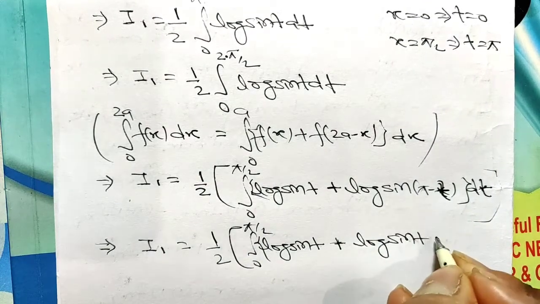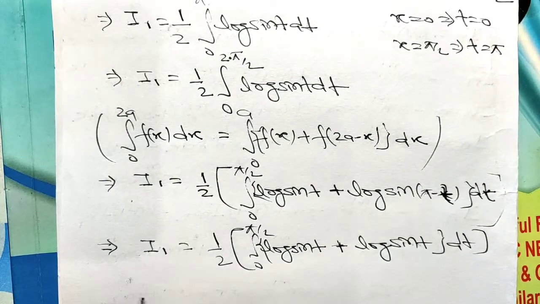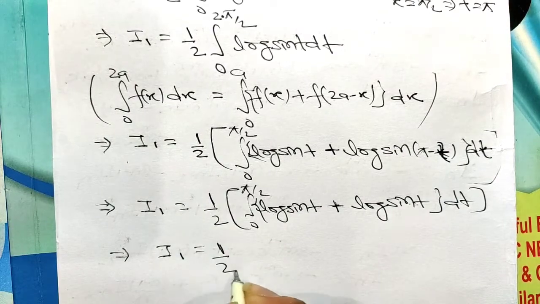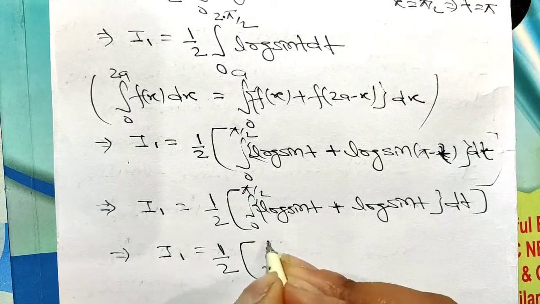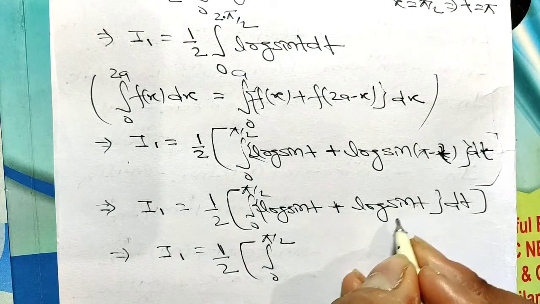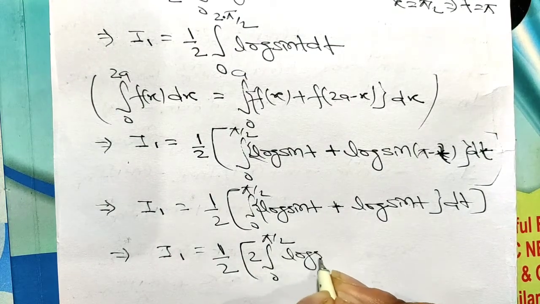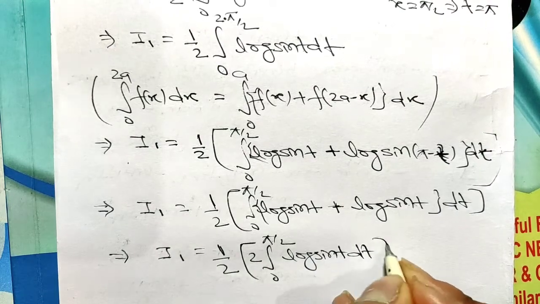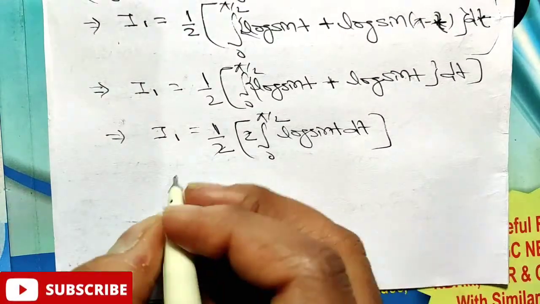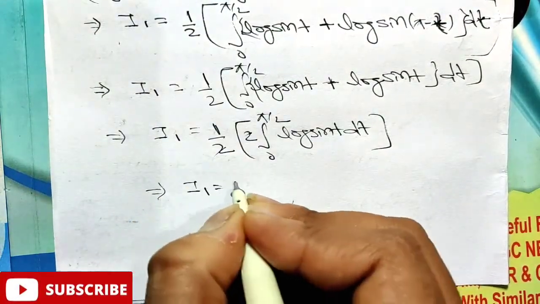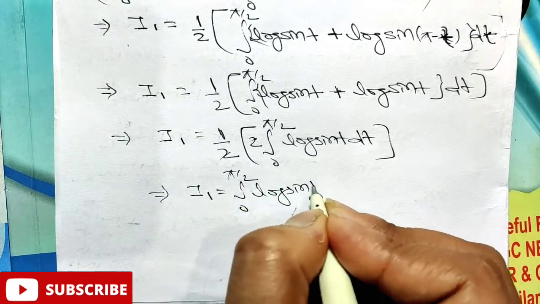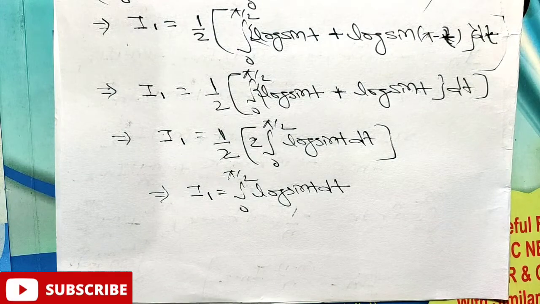So I1 is equal to half, integral 0 to pi by 2 of 2 log sin t dt. The 2 gets cancelled here. It becomes I1 is equal to integral 0 to pi by 2 of log sin t dt.